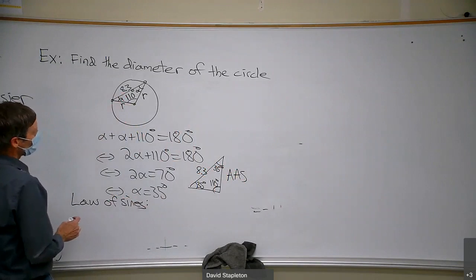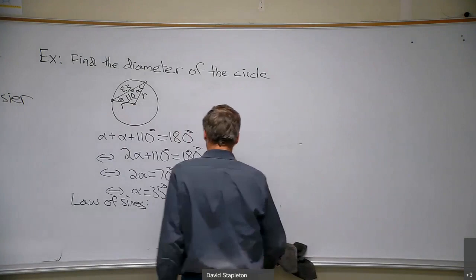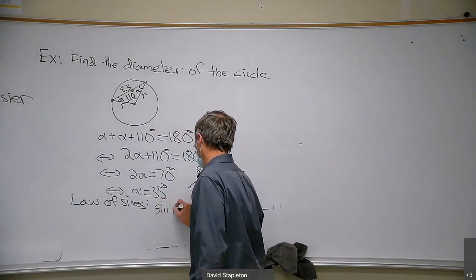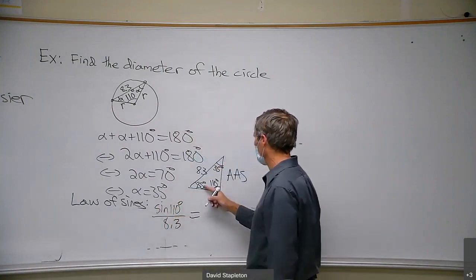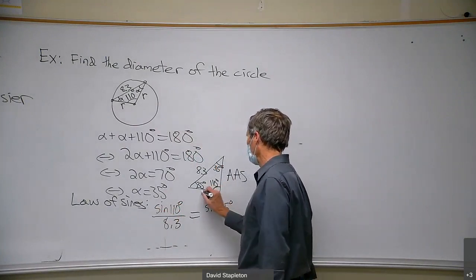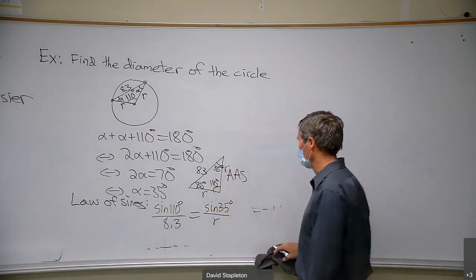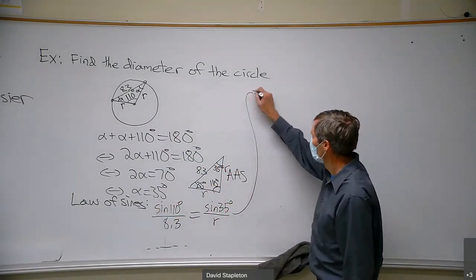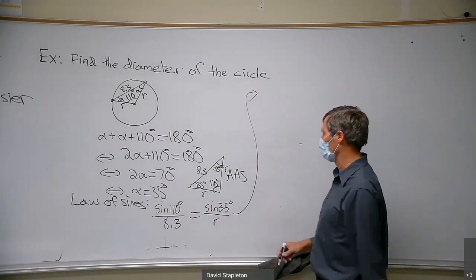So the law of sines says that the sine of 110 is to its opposite side, 8.3, as the sine of 35 is to its opposite side, which we recall as the radius, r. I can use that to find r, right? Once again, we can cross multiply or take reciprocals.